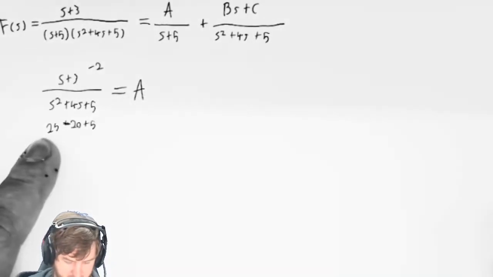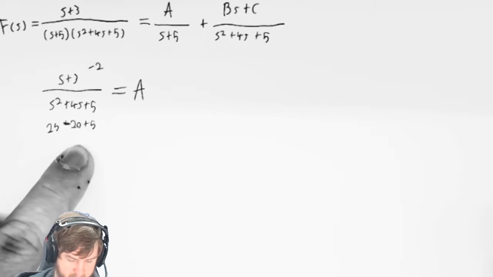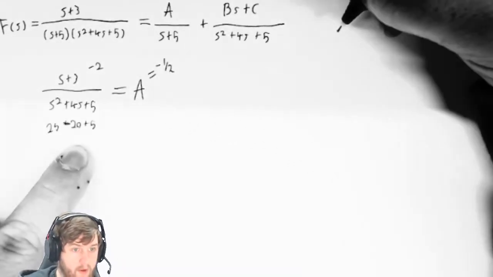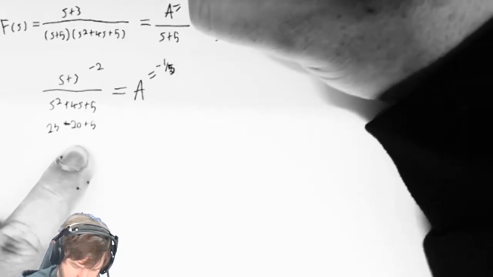So 25 minus 20 plus 5 is 10. So it's going to be -2/10 or -1/5. And yeah, that's right, -1/5.